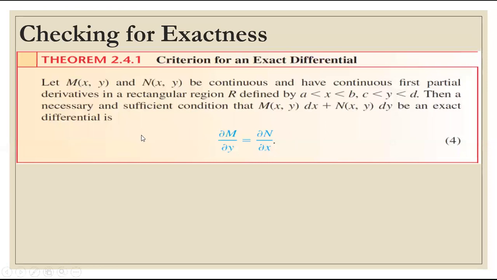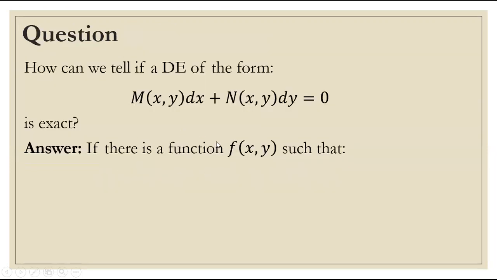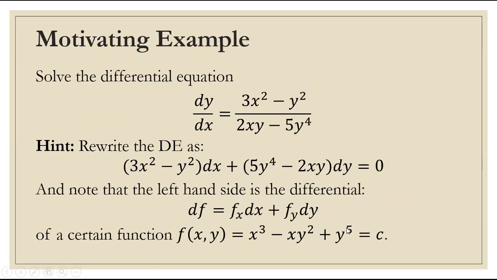Yes, ask. What do you mean by exact? Yeah, good question. Exact equation means you can find an f, like the one we found here, such that if I take the differential of both sides, you take the differential of x cubed minus x y squared plus y to the power 5 equal the differential of c.